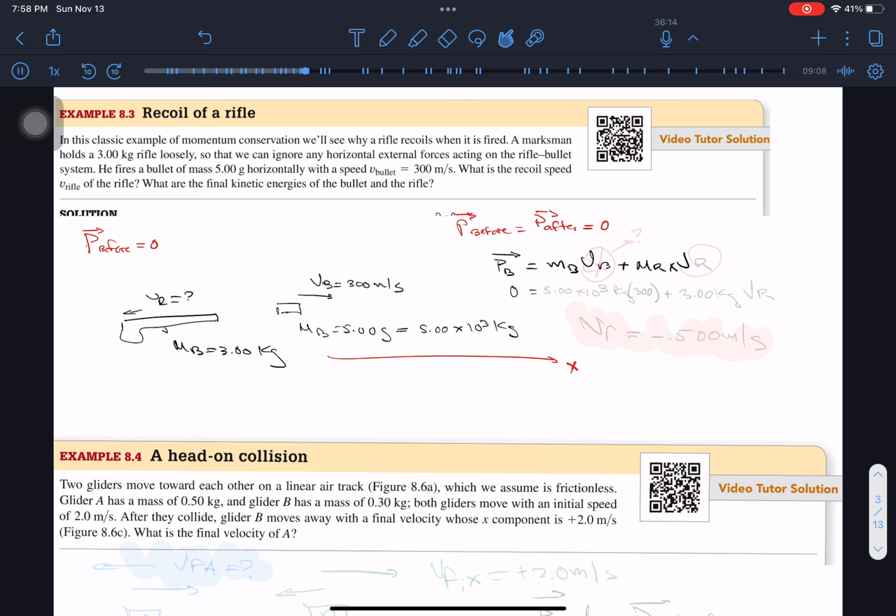Times the velocity of the rifle, that's going to give us a total momentum of the system.